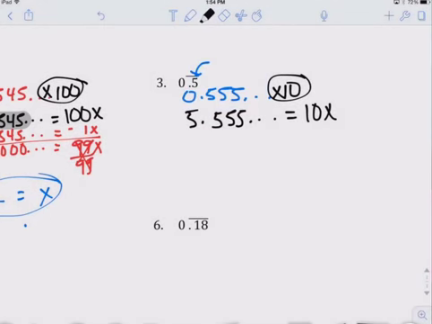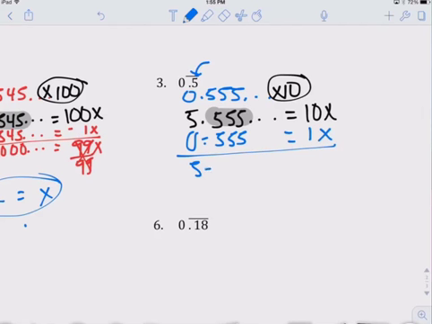You want to get this minus that, because we're going to minus that to get 0. You do 0.00 equals 1x. Gives you 5 minus 0, equals 9x. Divide by 9. X equals 5 over 9.